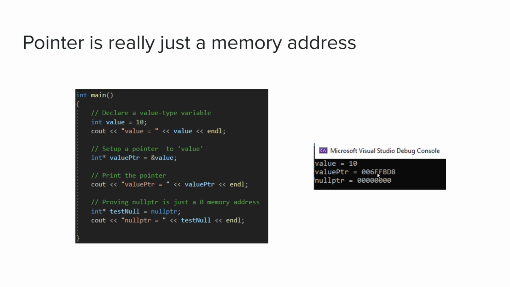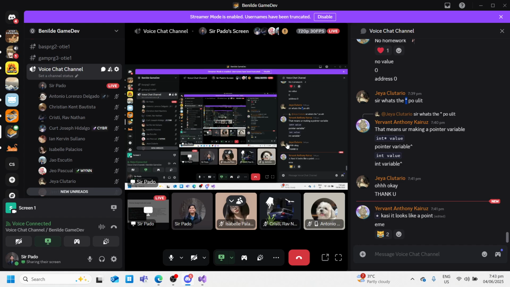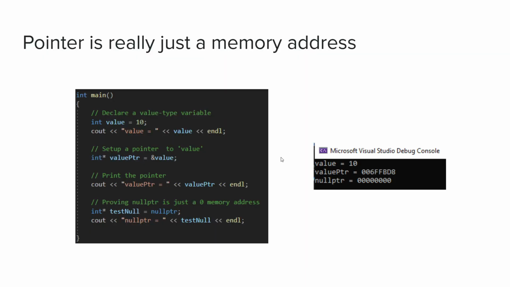No, sorry, that is the address, not 4 bytes. And the same thing here, if you try to make it a null pointer and try to access its value, it is 000 because a null pointer again is an address of 0. Questions? Clarification so far?